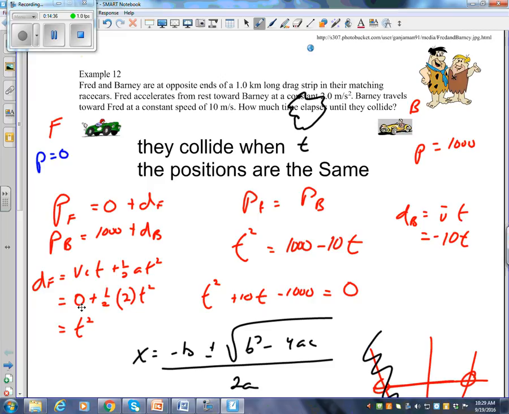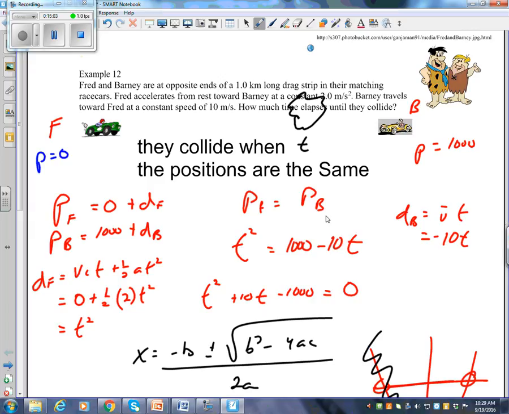Initial velocity of 0 plus 1/2, his acceleration is 2, times t squared. 1/2 of 2 is 1. His displacement is in fact t squared, which I then put in for pf because his position is 0 plus df. Position of Barney, he starts at position 1,000. And because he's going backwards at minus 10, his displacement is minus 10 times t.